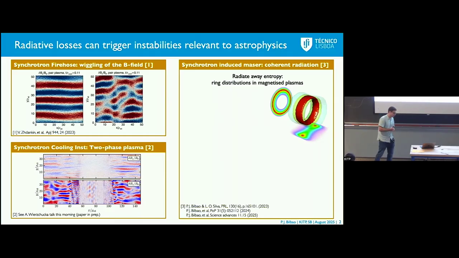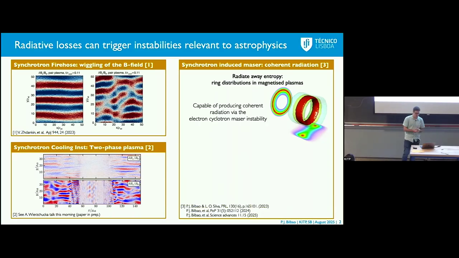What's happening in the maser case is that particles that have much more energy than lower energy particles radiate much more significantly. And so they all end up bunching up in energy, and you end up getting these ring distributions in momentum space, which are unstable to the maser.